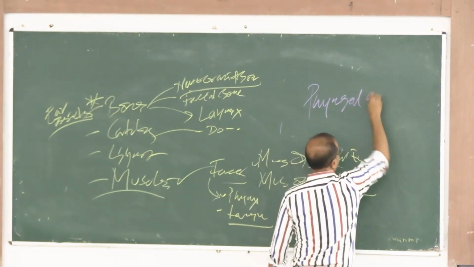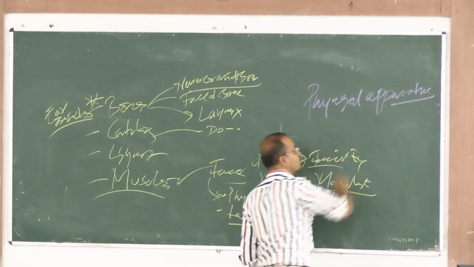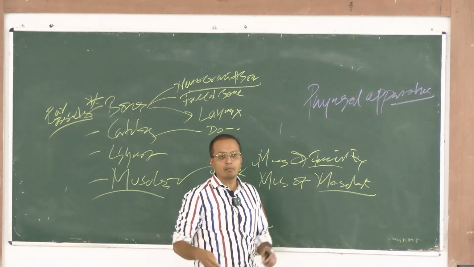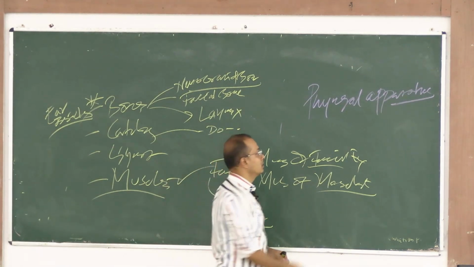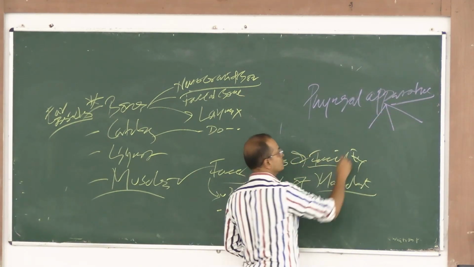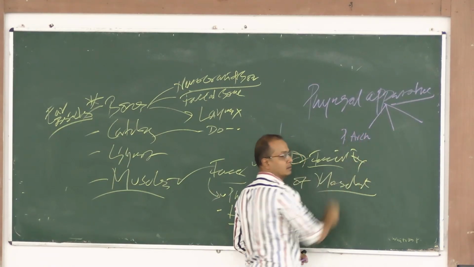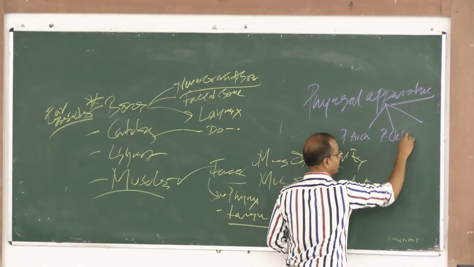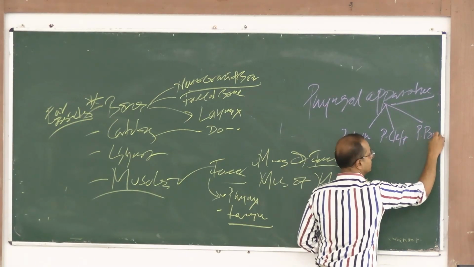Now this pharyngeal apparatus, as you can see, is a broad name. Under this apparatus there are three components working. We call them the pharyngeal arch, the pharyngeal cleft, and the pharyngeal pouch.